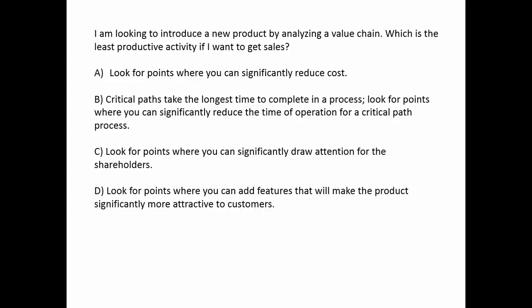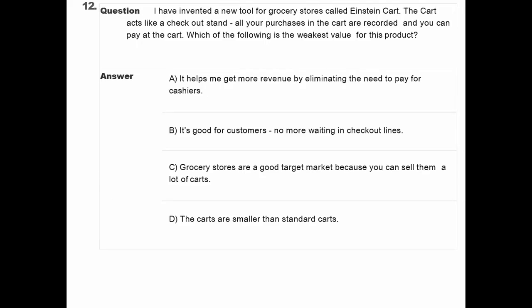Okay, that's the no-brainer answer. Adding new features, yeah. So now I'm down to A, B, and C. What it comes down to is, and I consider this to be a hard question, C, look for points where you can significantly draw attention for the shareholders. Because what you do for the shareholders is irrelevant. You're trying to get sales, and by definition, sales means that you're selling it externally.